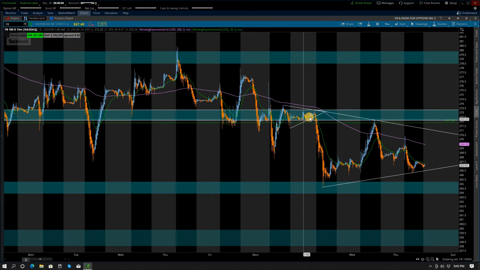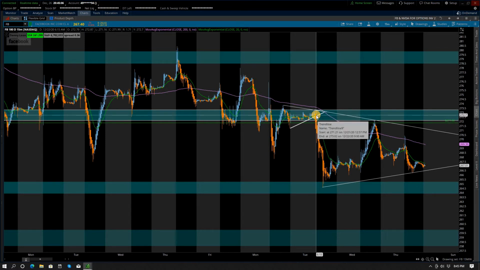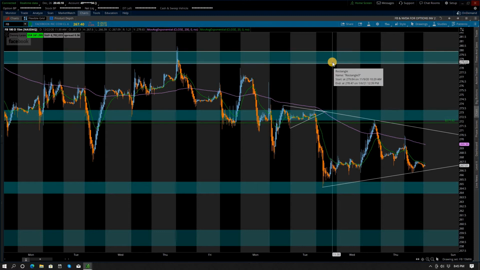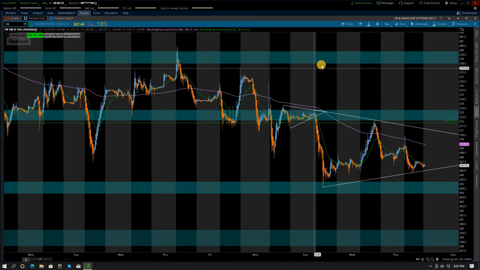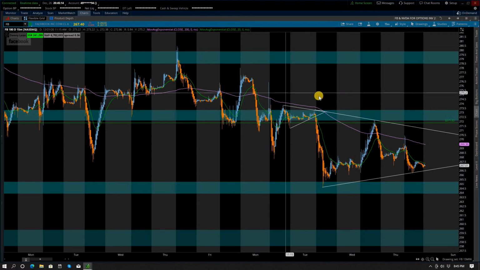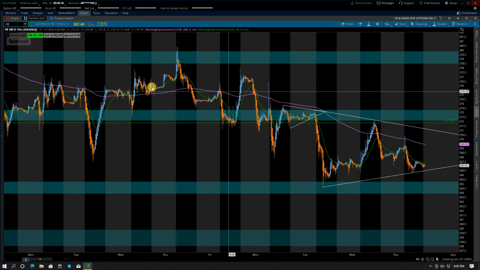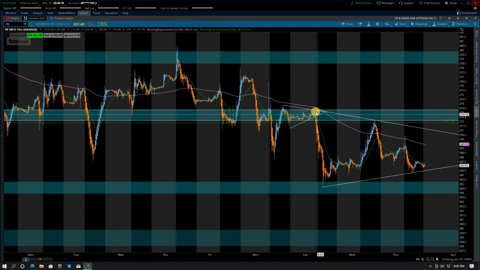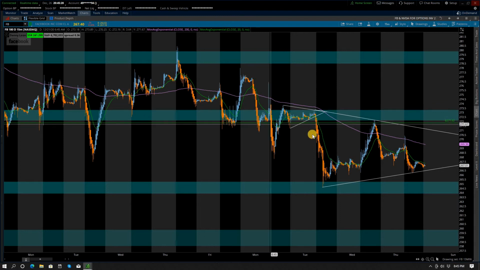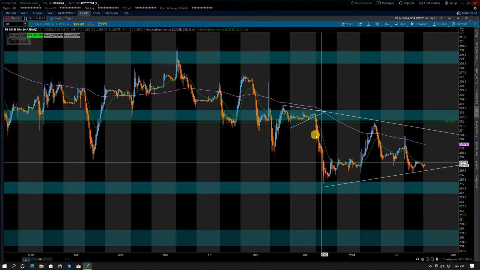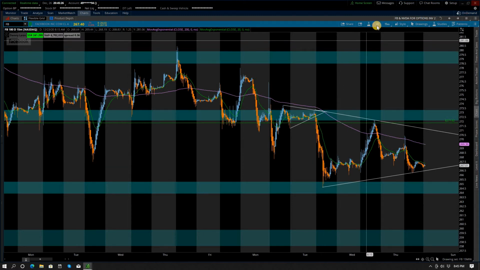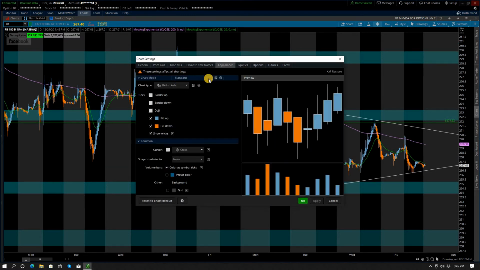So at this point, I was thinking that we were either going to break out and perhaps go and test this level, consolidate like it was doing throughout these days, or it was going to be a breakdown, and once it broke down, we'll have the confirmation to keep going down.